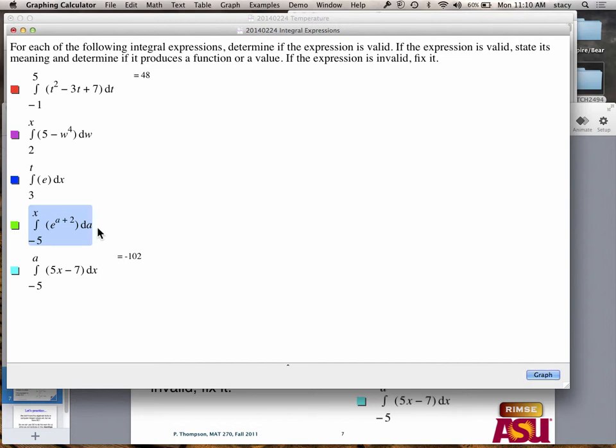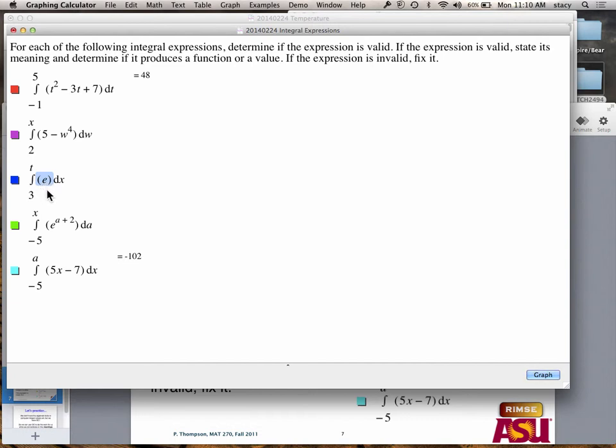Question? You mean the fact that there's no x in there? That's fine, because this is just a constant function.